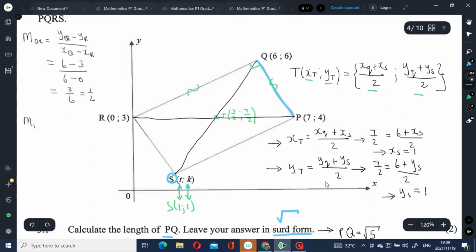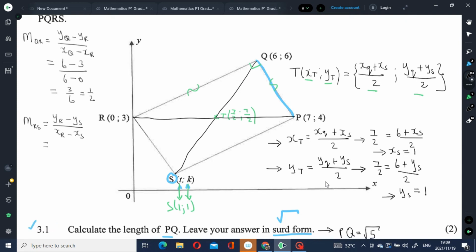Okay, let's work out the gradient of line RS: YR minus YS, all divided by XR minus XS. It's just a matter of substituting the coordinates.